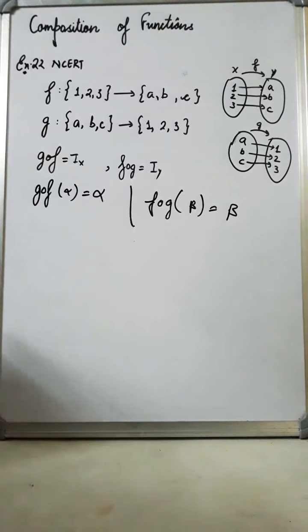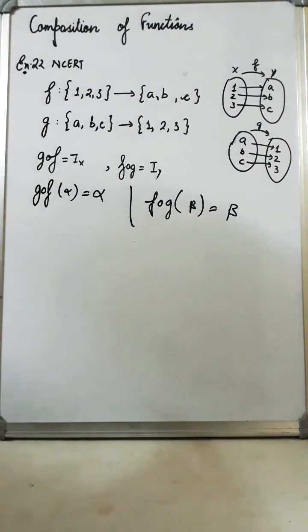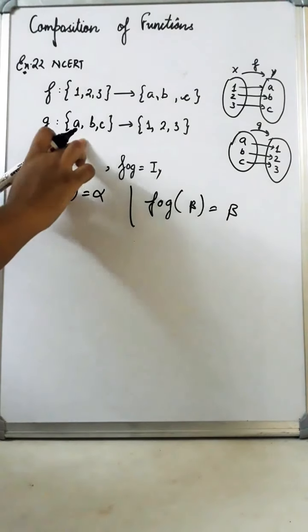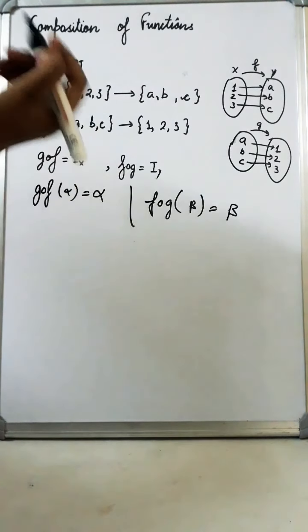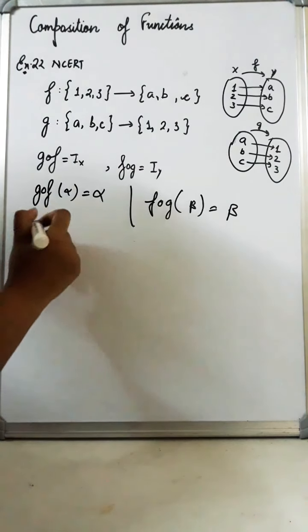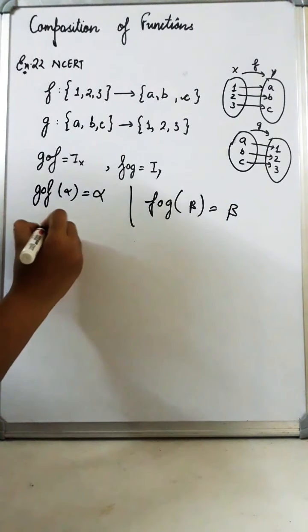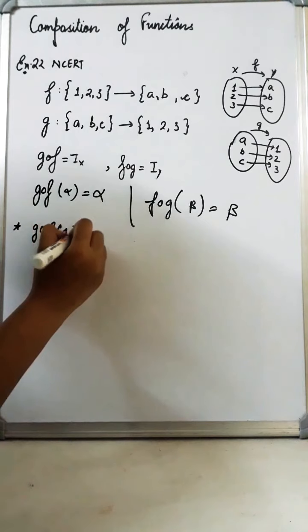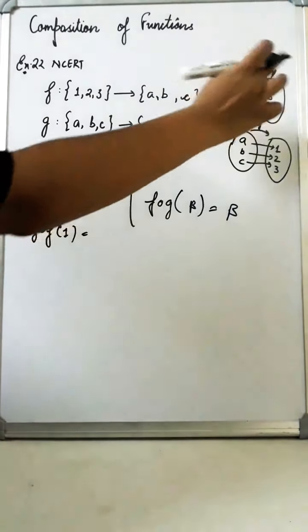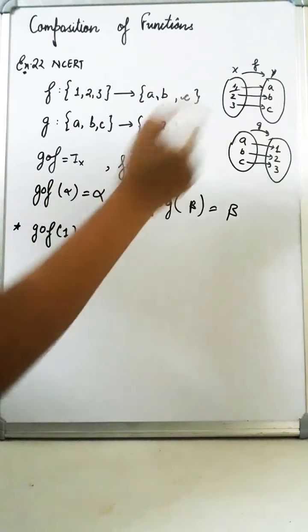They have asked you to show that there exists a function like this. So let us simply assume, it is very easy to verify, that there exists a function g, and let us apply g of f. See, f has how many elements? 3 elements. So let us individually apply it for all. See, f of 1 is what? f of 1 is a, right?